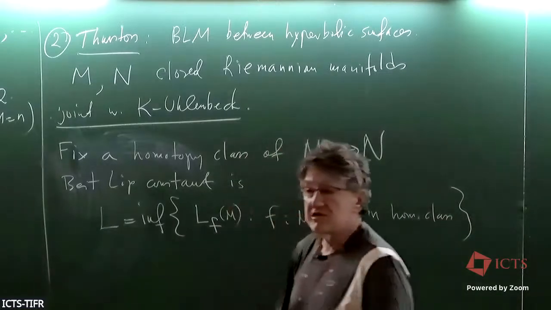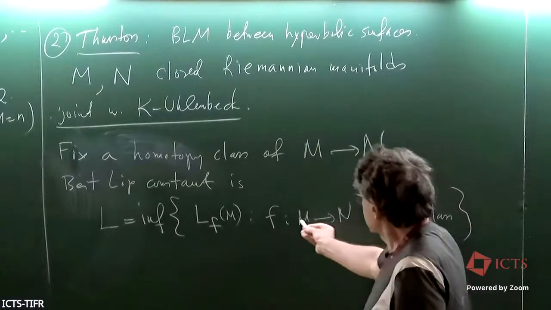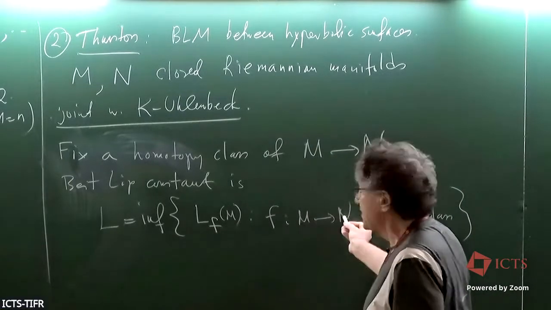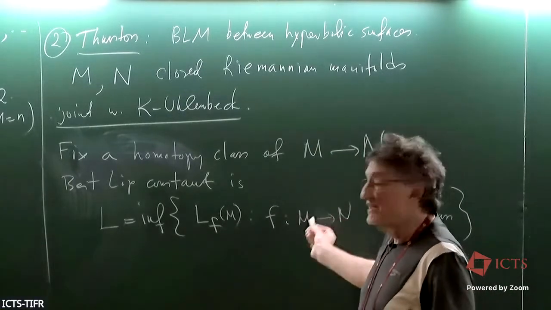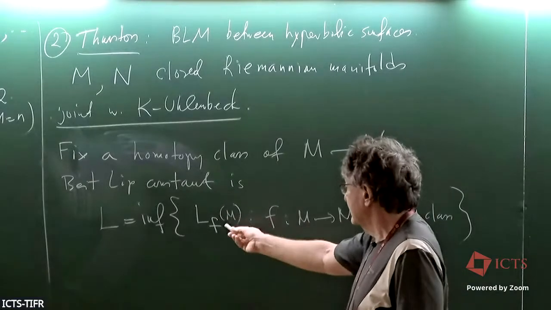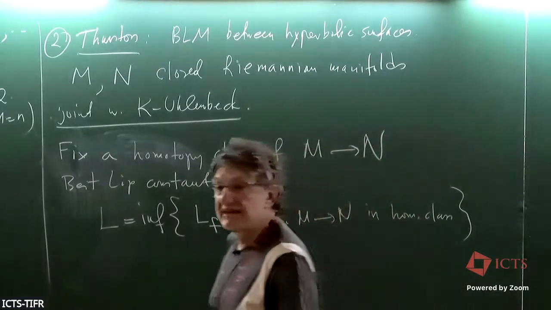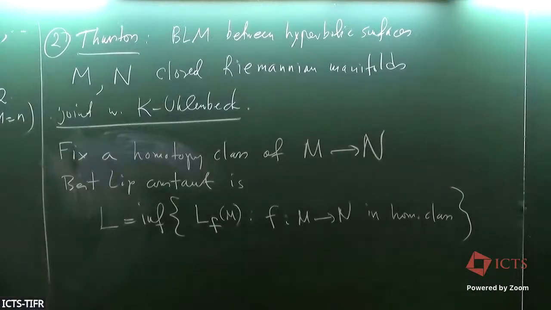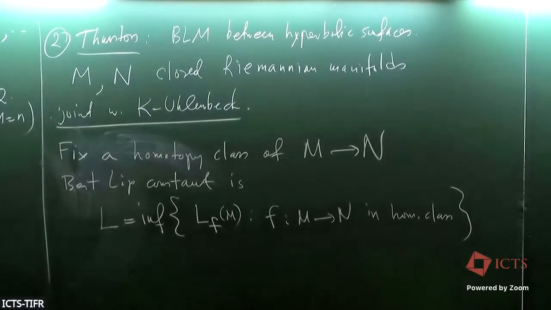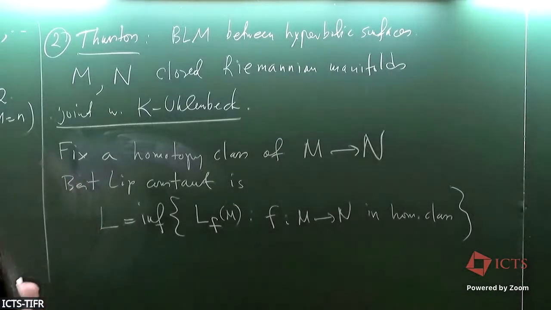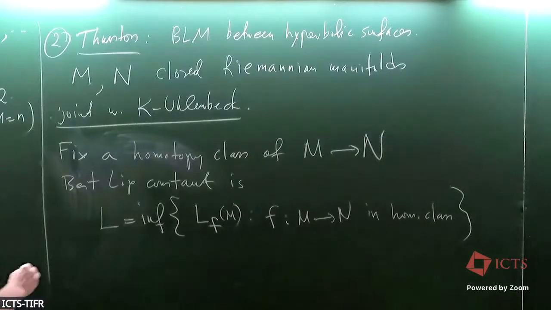For example, Thurston takes M and N to be the same surface topologically, and the homotopy class to be the identity. But you can take any homotopy class, and in fact, at this point, any Riemannian manifold. Okay. So then again, you could try to minimize the I_p, but the I_p is not the right one.